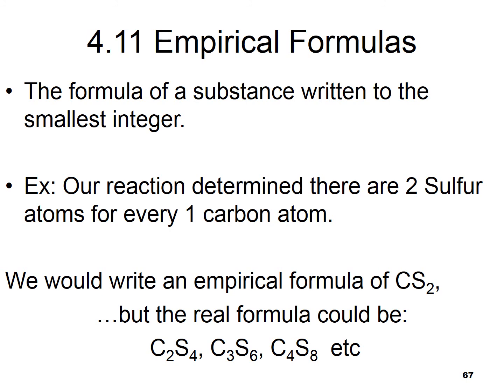So it could be C2S4, it could be C3S6, it could be C4S8, etc. Those would all be possible molecular formulas, but the simplest formula, the empirical formula for all of these molecules, is CS2.